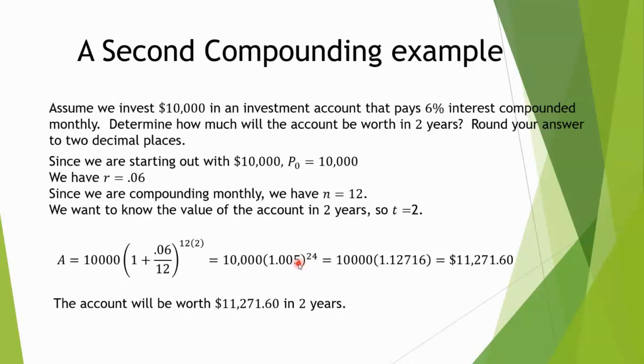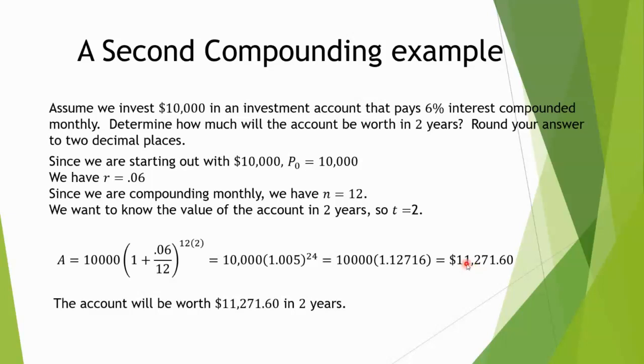We're using PEMDAS, order of operations. Then we do the exponent, that's 24. Then we raise it to the exponent, okay? Then we multiply. The exponent part you want to deal with before you multiply. That comes first. And that's what I'm doing here.